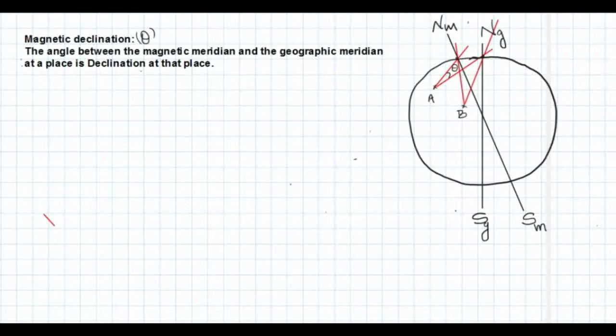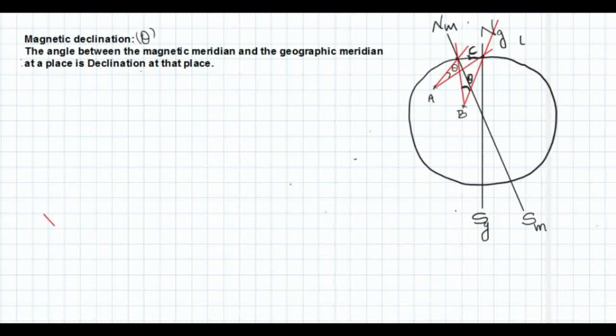In other words, if we move towards the pole, the magnetic declination angle will be decreasing. Okay, so the reason is this axis will make a wide angle if we are moving towards equator, and it will make a small angle if we are moving towards the poles.